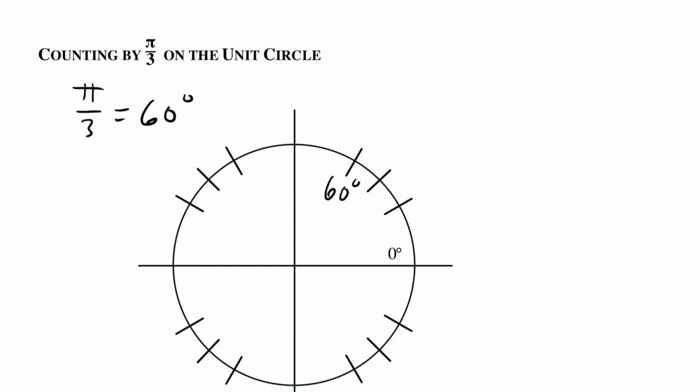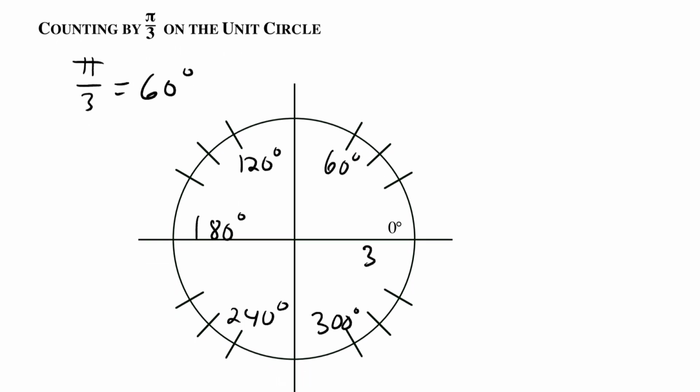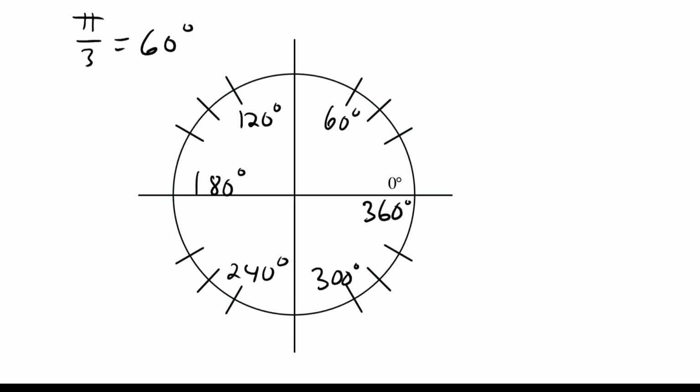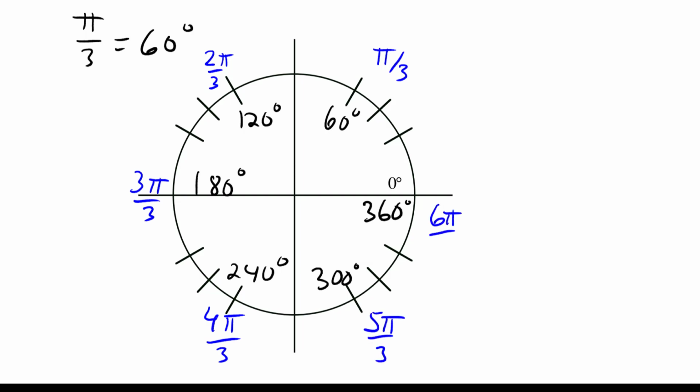Let's just spend some time with the pi over 3. Notice we're including every 60 degrees this time. And we'll count again, starting with 1 pi over 3 in quadrant 1, but then 2 pi over 3, 3 pi over 3, 4 pi over 3, 5 pi over 3, and then 6 pi over 3.